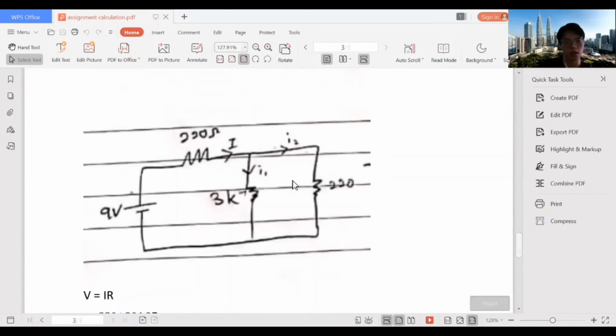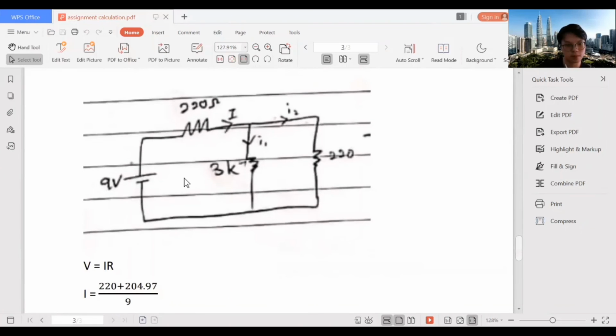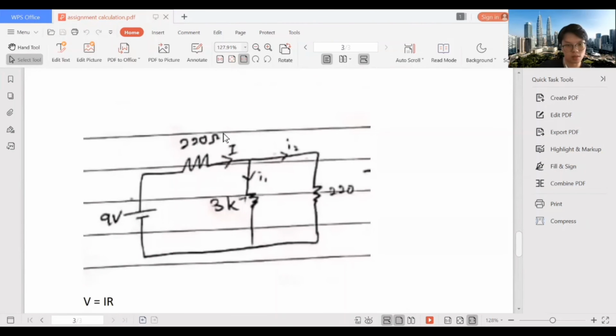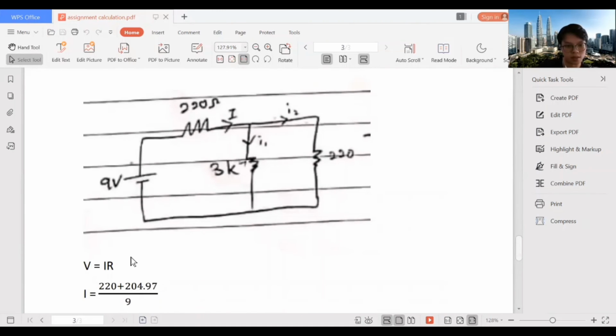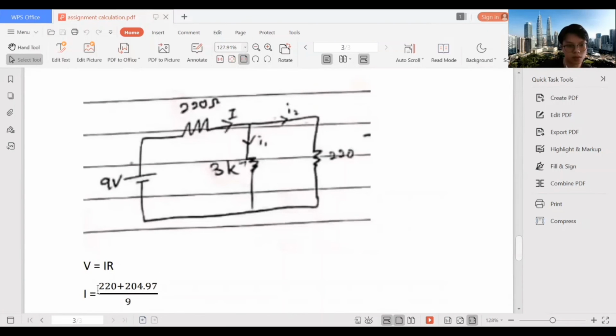After that, we can also find the current passing through each of the resistors. Like this one, we can find the total current passing through the first resistor with 220 ohm by using Ohm's law. So we can find it here.